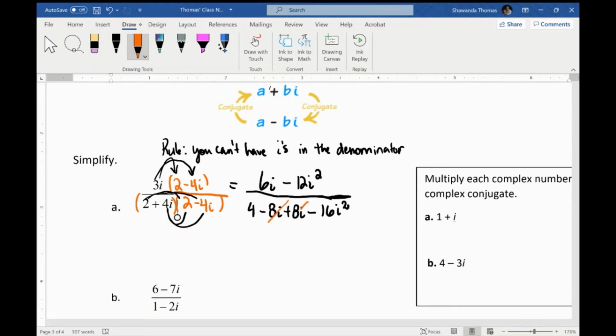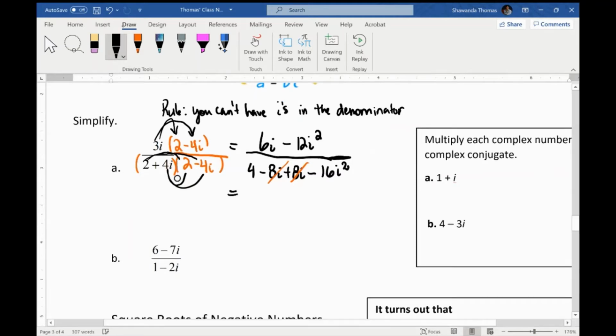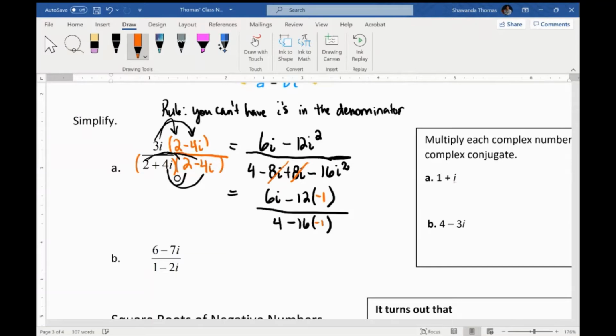Yeah, let's get rid of all that, it's in the way. So we have 6i in the numerator minus 12 times what number? Negative 1. Over 4 minus 16 times another negative 1.